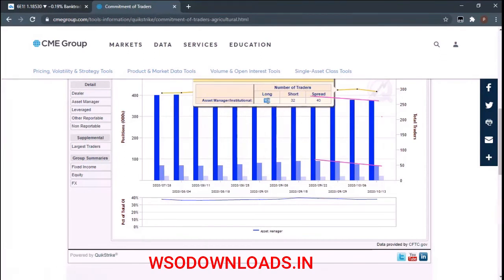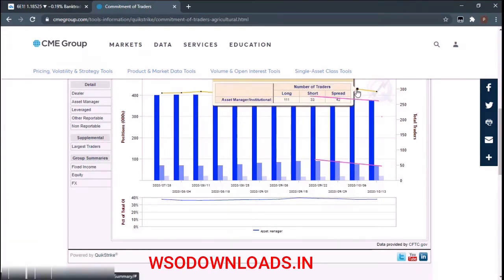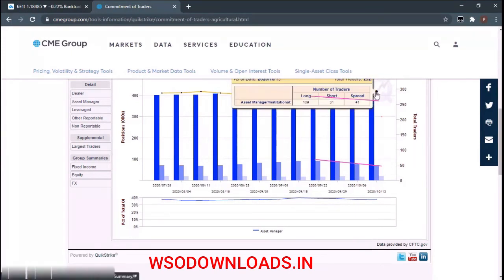So probably these two traders decided to jump to the short side because we were 30 and now we're 32. And then two more traders came in on the long side to make it 111. And one trader came in here to make it 33. Two traders out, two traders out, both sides. This makes sense. Price is neutral. Longs are being closed, shorts are being closed.